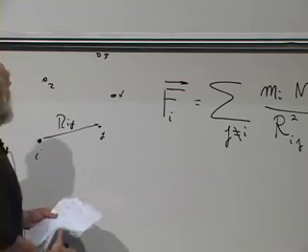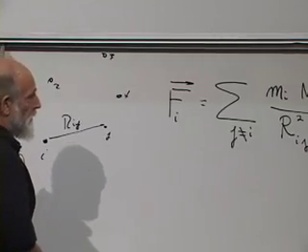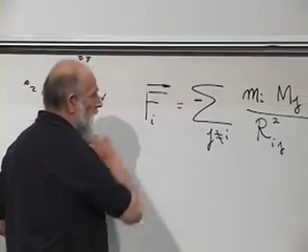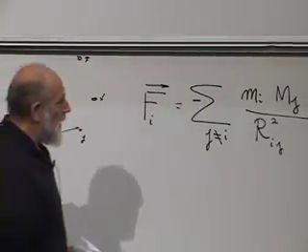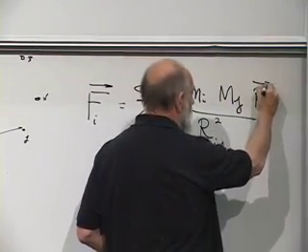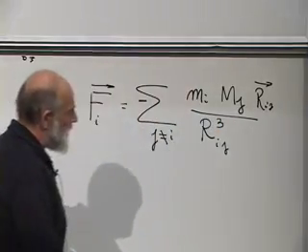But then, just as we did before, we have to give it a direction. Put a minus sign here. That indicates that it's attractive. Another R_ij upstairs, but that's a vector R_ij, and make this a cube downstairs.